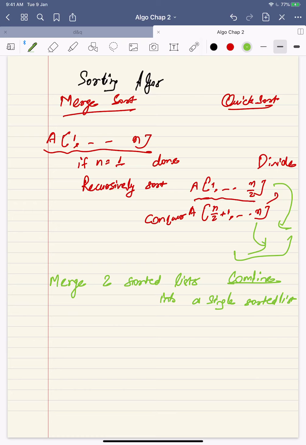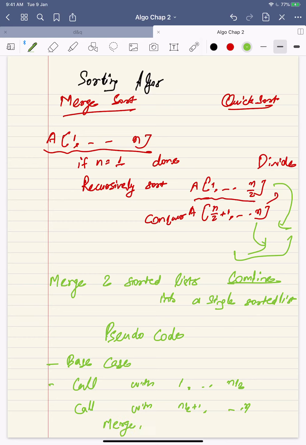Separately you have to write the function for merging two lists. If you want to write a pseudocode, first talk about the base case, then call with 1 to n by 2, second call with n by 2 plus 1 to n, and then merge the outputs.